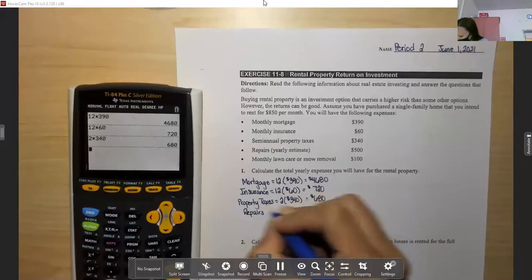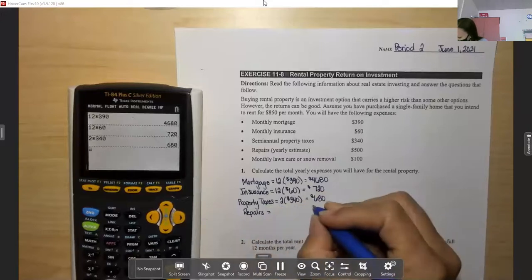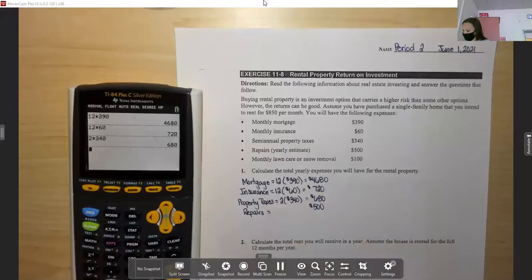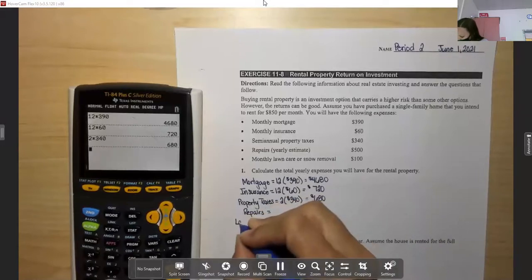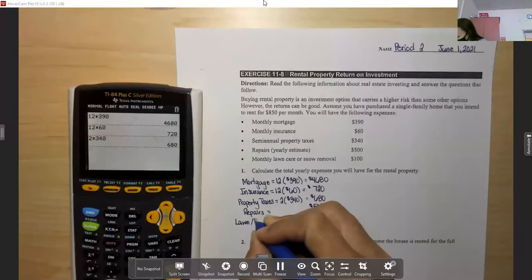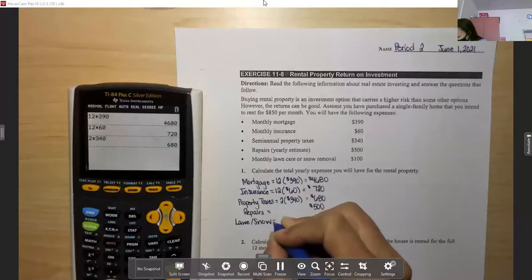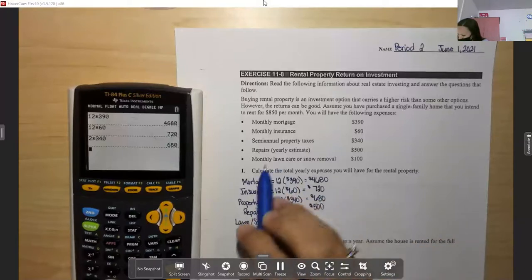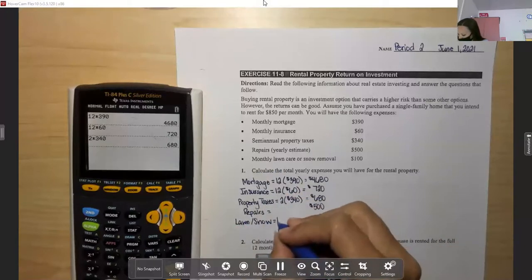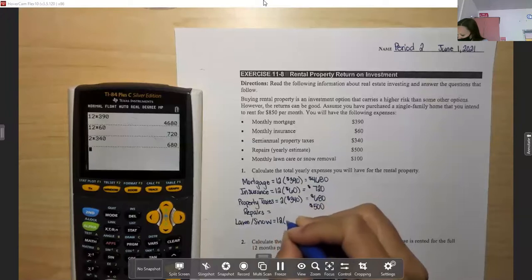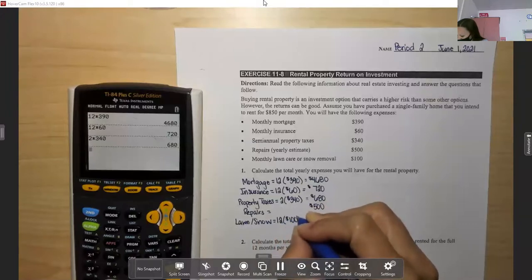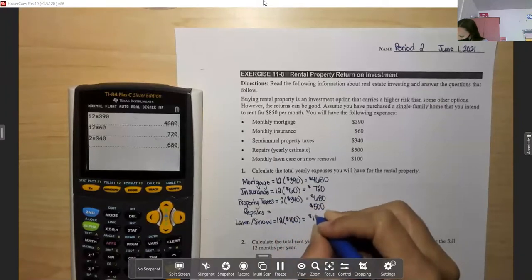So the repairs, the yearly estimate is just $500. I wrote it over there just so they can kind of line up when I go to add them. And then the lawn/snow monthly, right? You either mow the lawn in the summer or get rid of the snow in the winter. 12 times 100 is going to be $1,200.